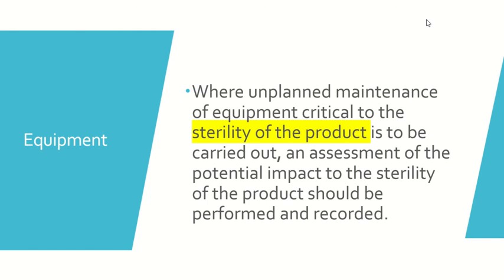The occasional breakdown is not appreciable, and whenever you are performing unplanned maintenance during a process, it can have a longer impact on the sterility as well. So you need to assess. You should have risk management, or a clear-cut instruction on how to handle it, and whether any extended risks to the sterility of the product need to be understood.